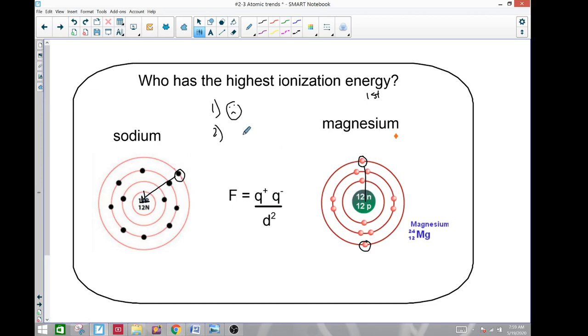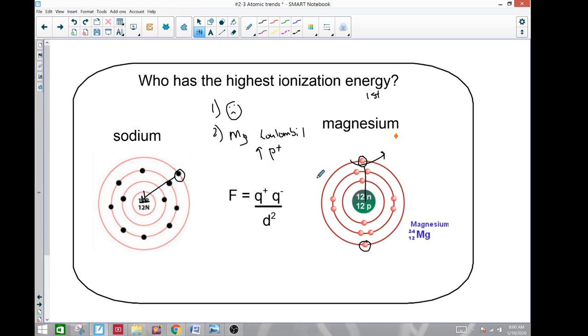So, in that case, who has the highest ionization energy? Magnesium. And why magnesium? It's got more Coulombic attraction. Why? Because it's got an increased number of protons. At the same distance, it's more difficult to remove this electron. I don't think "more harder" is a word, sorry.